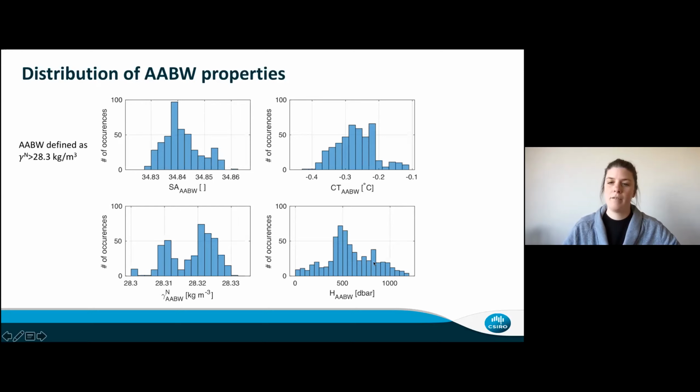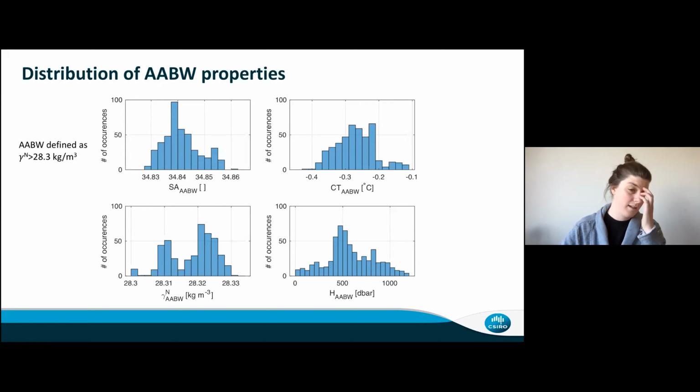Whereas for the one on the right, the float only had to reach the very top of the layer to be included in this analysis. So you see a bit of a suggestion of this bimodal distribution in salinity, where you have saltier, more saline waters coming from the Ross Sea.